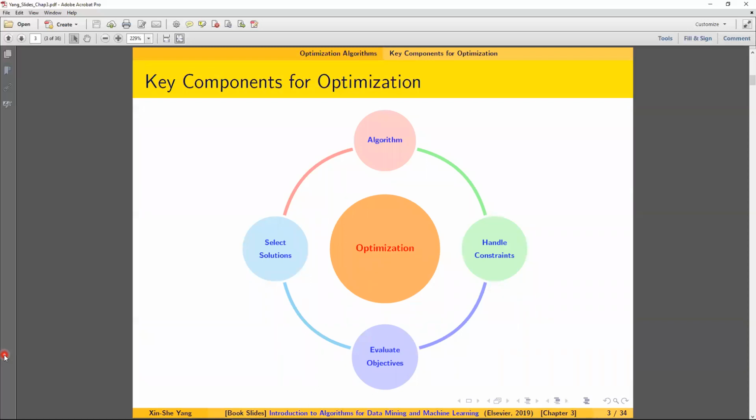So here are the key components for optimization. You come up with an algorithm that is able to handle constraints, and then you evaluate objectives by using those algorithms, and then try to select solutions from your evaluation of the objectives.